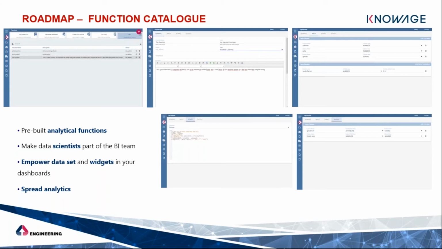In this way, your data scientist can write the function you need in the catalog, and then every BI developer or even the end user in the self-service process can use those functions without technical skills.